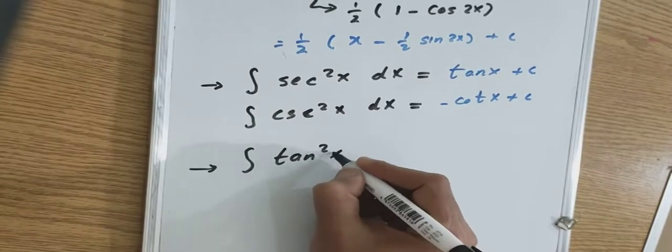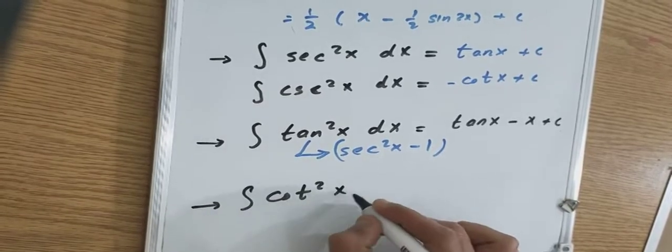And now, if we need to integrate tan squared and cotan squared, of course tan squared has an identity which changes tan squared to sec squared: tan squared is equal to sec squared minus 1. Using the integration of sec squared, which is tan, it will be tan x, and the integration of 1 is x.